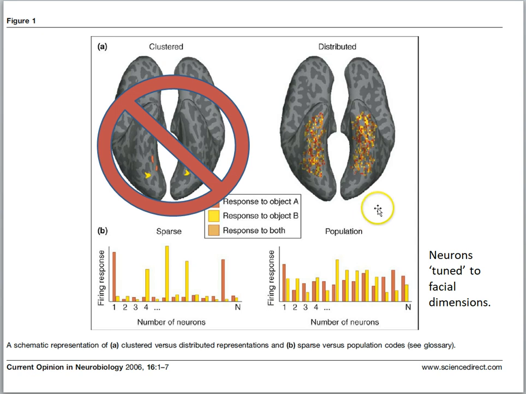And so the most recent understanding is that the face areas contain face cells, but these face cells are tuned to narrow facial dimensions. And it's the pattern of activity in the population of cells responding to faces that identifies one face rather than another.